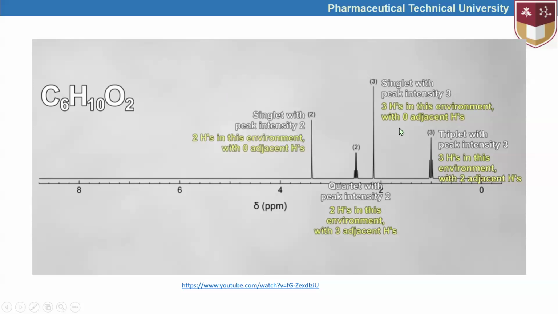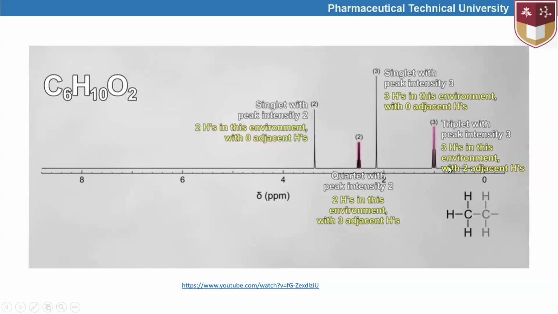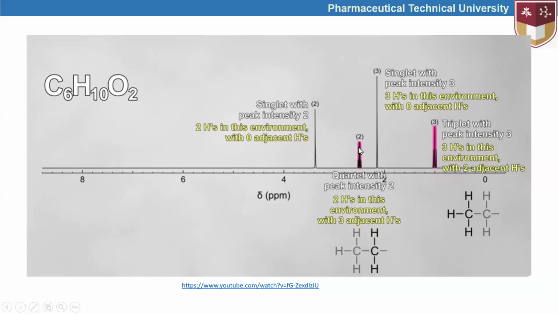So based on this kind of interpretation, this has 3 hydrogens that belong to one methyl group, and 2 neighboring hydrogens, because it is triplet. And this one, on the next page, belongs to the methylene group because it has 2 hydrogens.